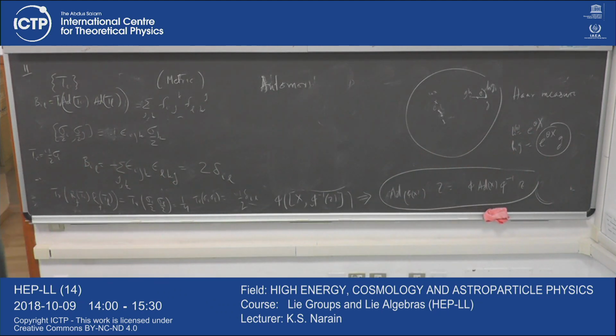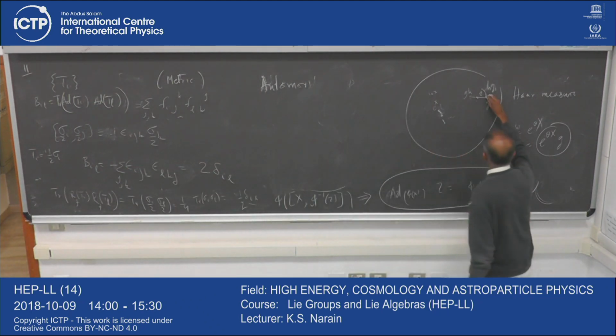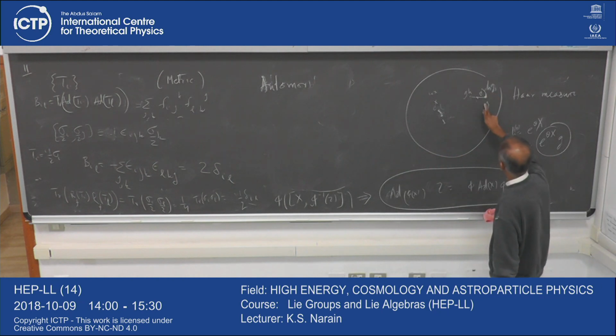This result tells us that locally it's like Euclidean, a flat space. And now here you see, if I define the notion of distance, here it will depend on g.